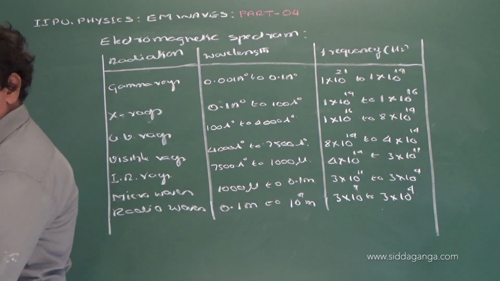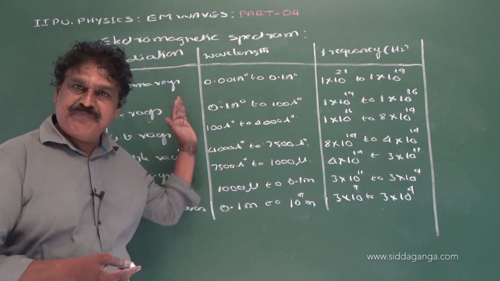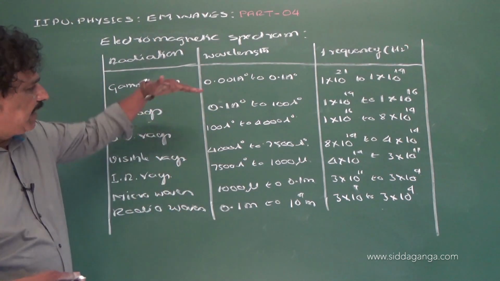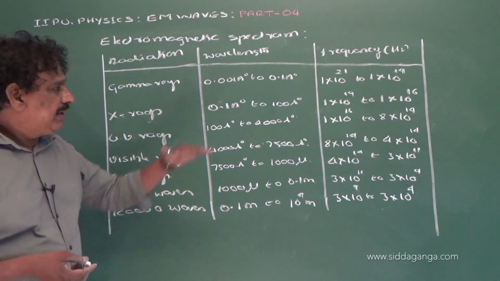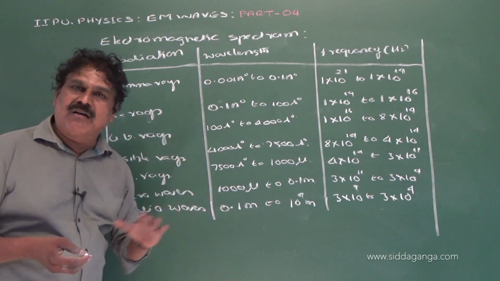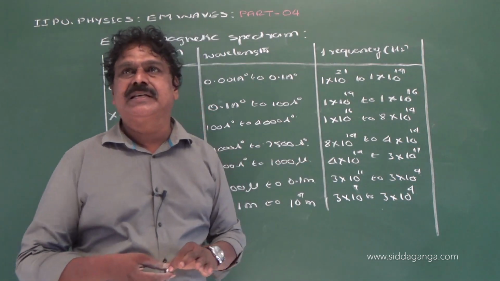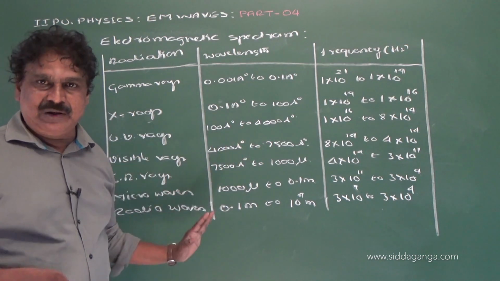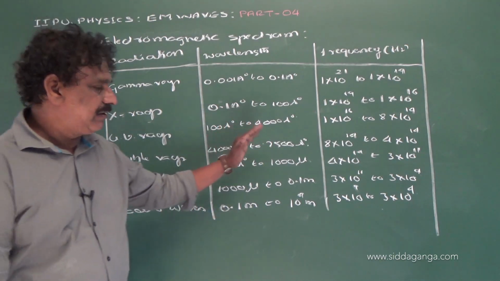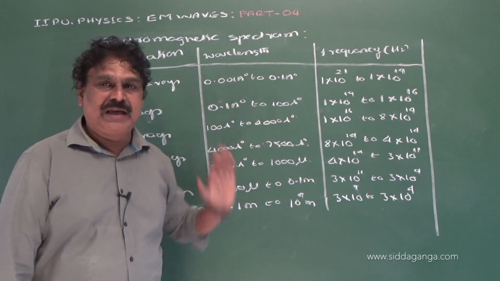Now this is the electromagnetic spectrum. Here we have arranged the electromagnetic waves in this table with the increasing order of wavelength or decreasing order of frequencies. Now you can remember these values, particularly you better remember the wavelength range of electromagnetic waves.